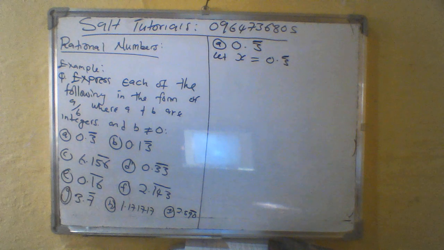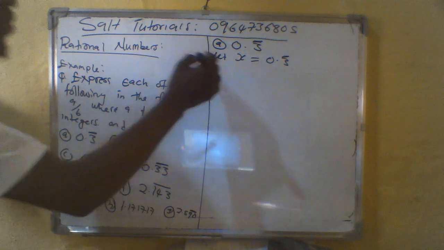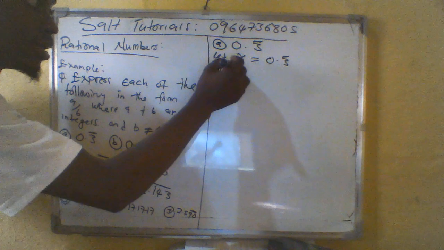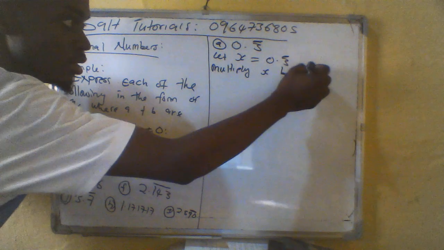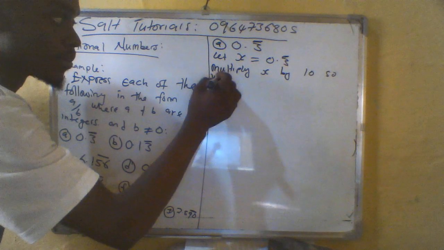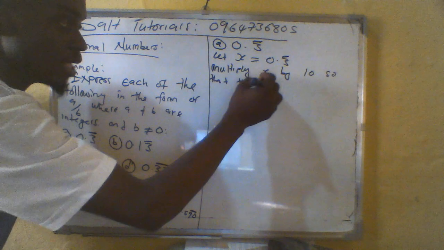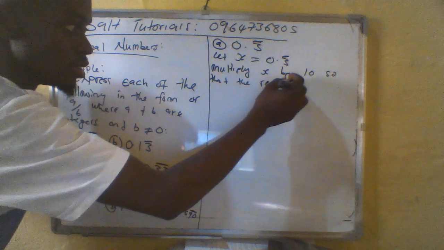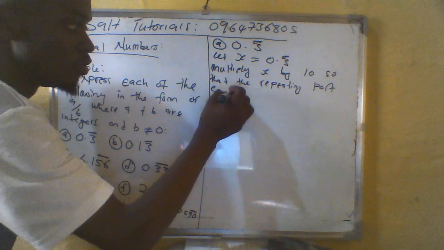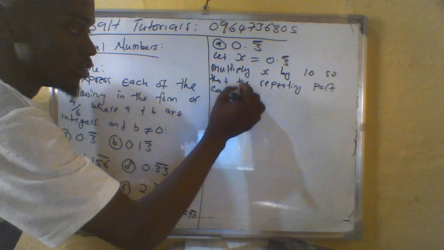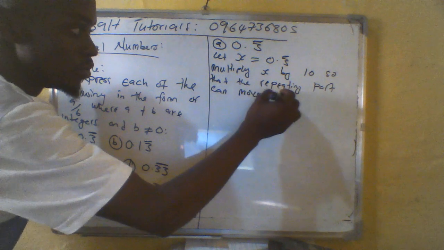So we are multiplying x by 10 so that the repeating part can move to the left side.